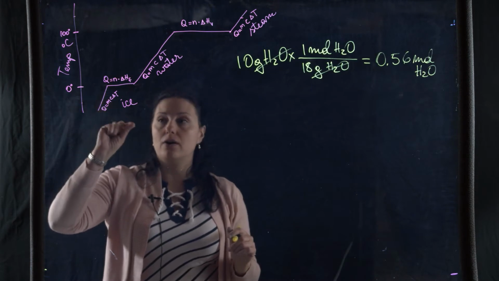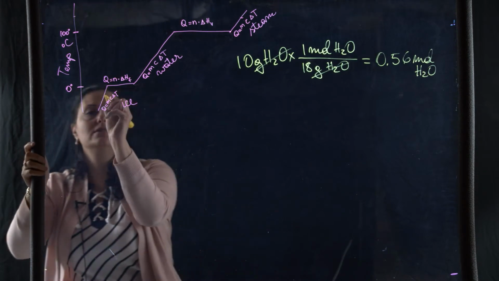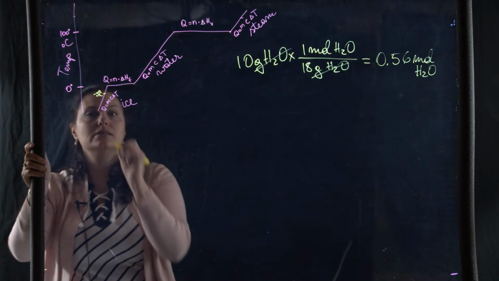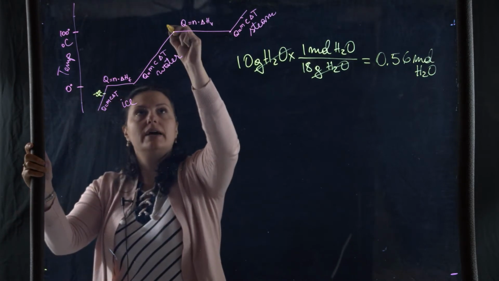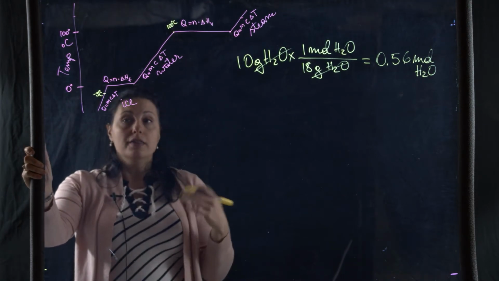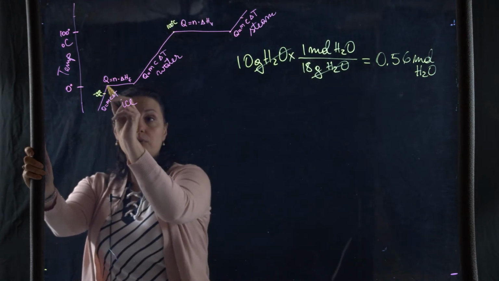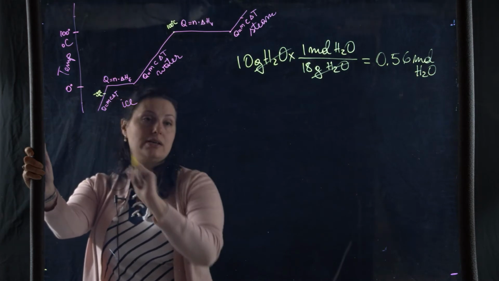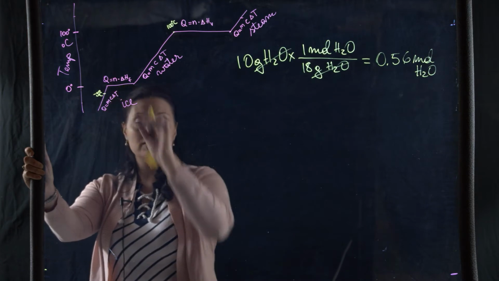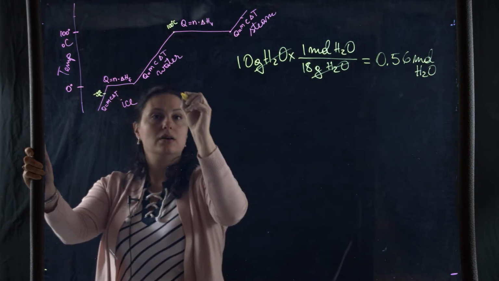I start right here at minus 5 degrees Celsius, and I end up here at 100 degrees Celsius. For the first step, I'm on the sloped line, so I have to use Q equals MC delta T for ice, because I am below my melting point.